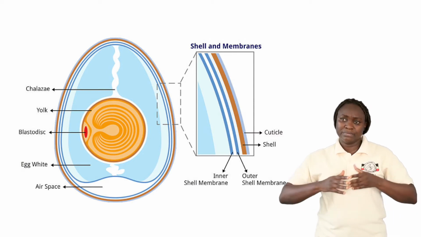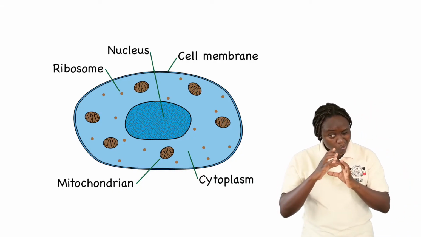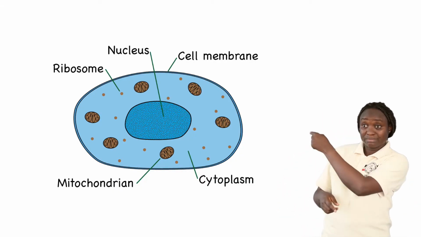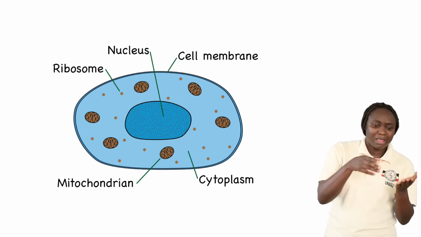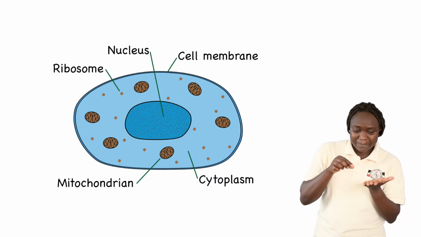Now we're also going to look at an actual animal cell as is seen under a microscope. Do you see that image there? Do you notice the number of layers for the animal cell?